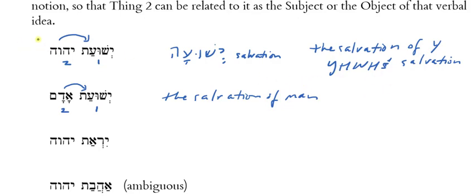So I would say that in the first one, we have a subjective genitive. Yahweh's doing the saving. And in the second example, we have an example of an objective genitive. Man is not doing the saving here, but rather someone is saving mankind. Presumably, Yahweh would be the one doing the saving here.